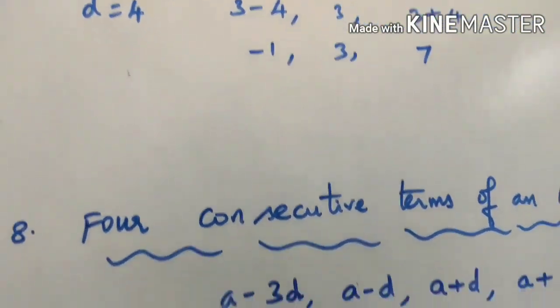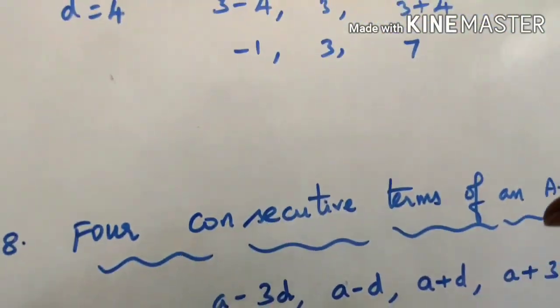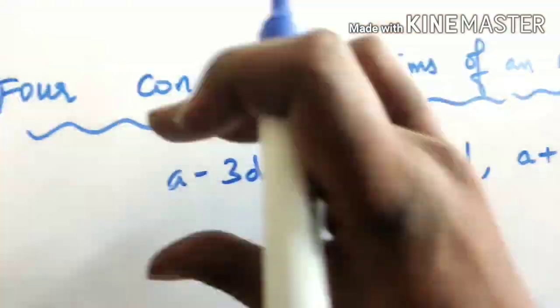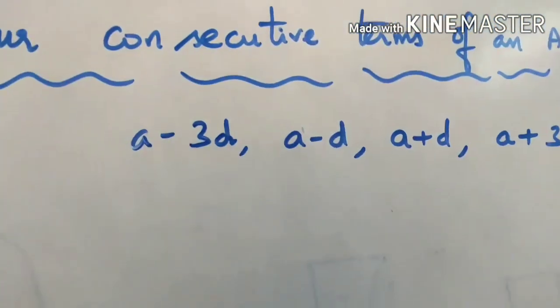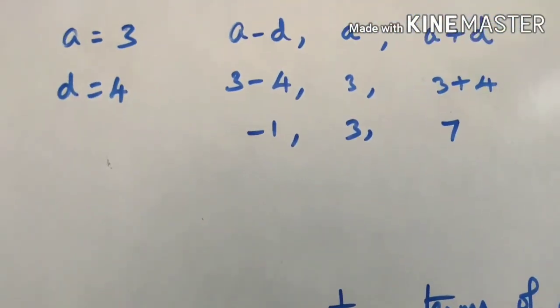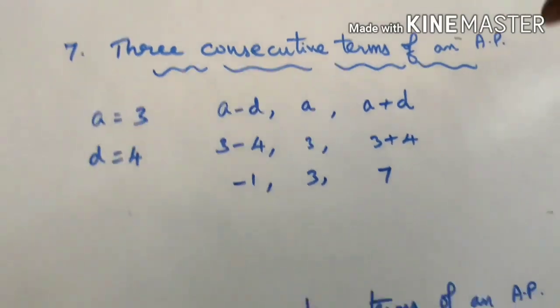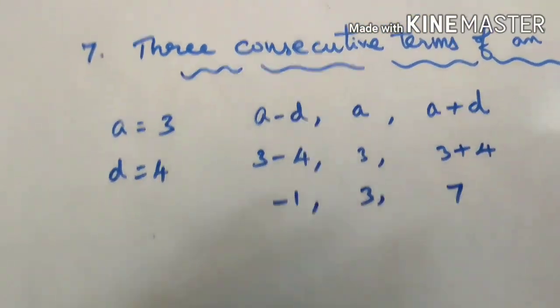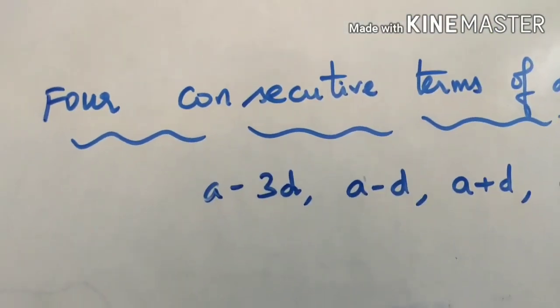This is not a formula, these are forms: forms of AP, general form, three consecutive terms form, and four consecutive terms form. The terms will be in these forms only, so I wrote these forms separately. Clear?